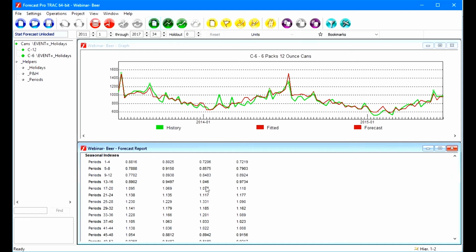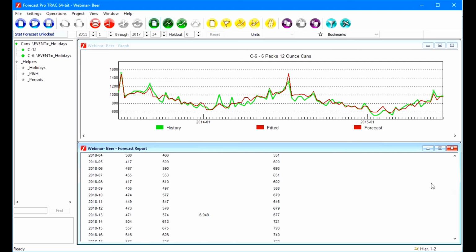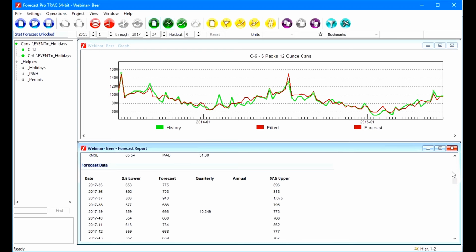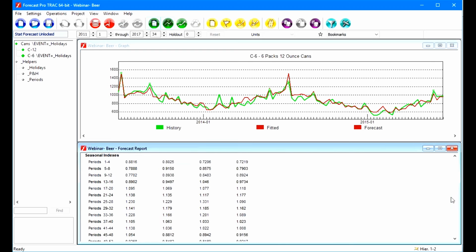And when we look at this forecast report here, you can see that we're generating 52 weekly seasonal indexes in addition to the 3 holiday indexes that we have. This is really complex, and it's probably over specifying the seasonal patterns.